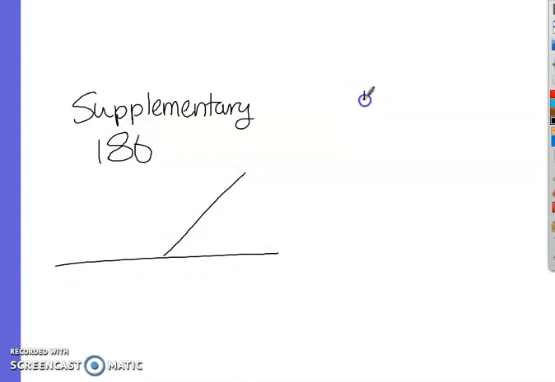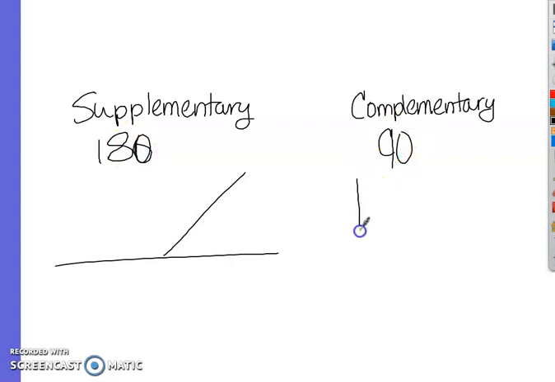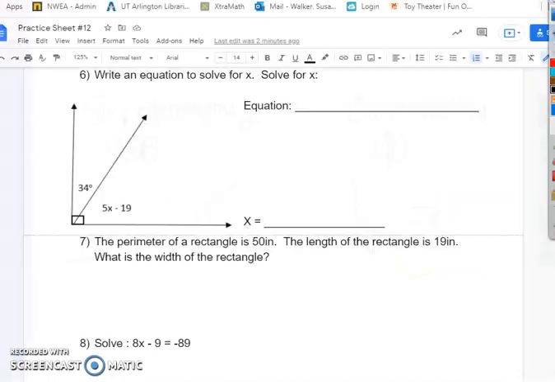Then we have complementary, which makes a corner, and it adds up to 90, and it looks like this, okay?